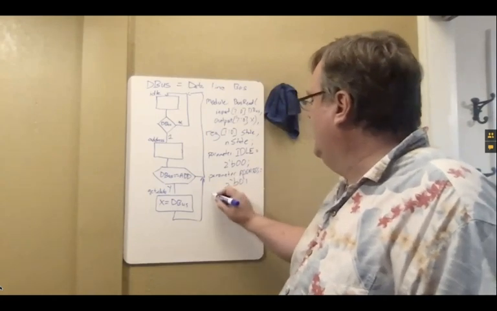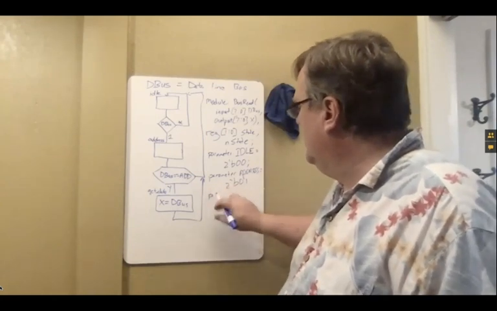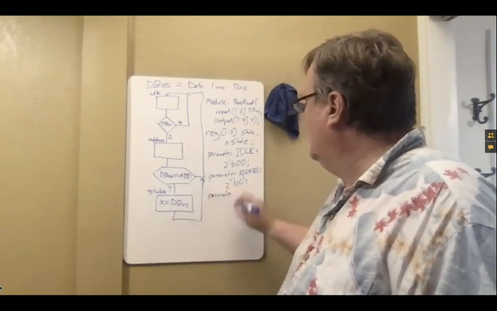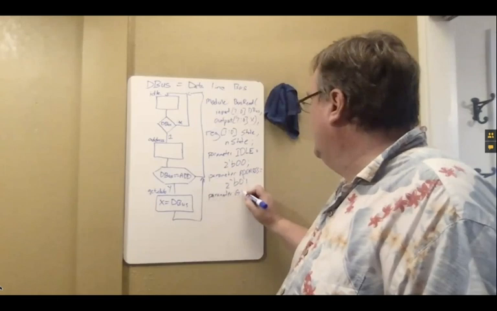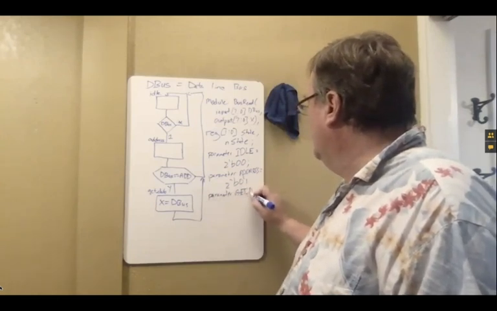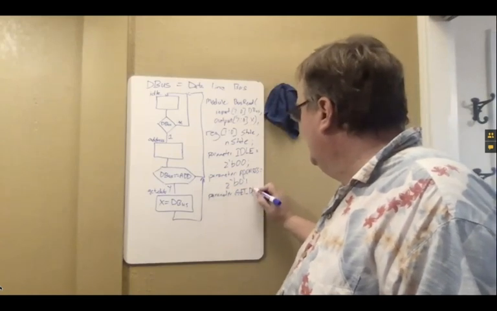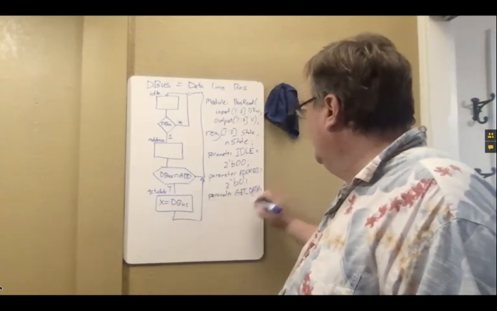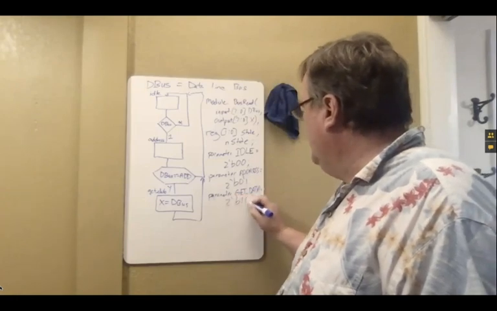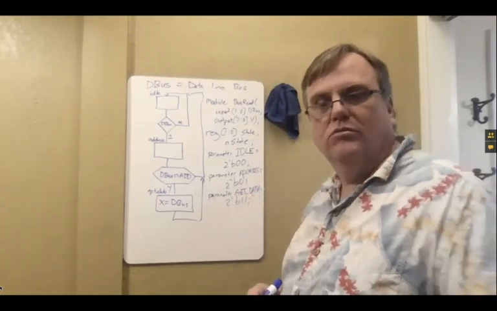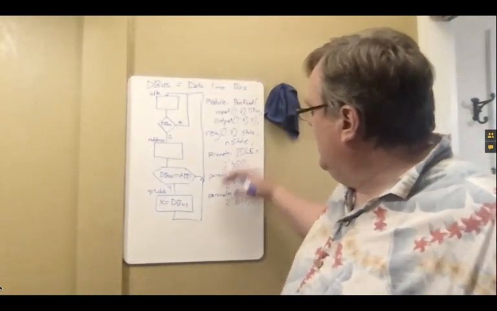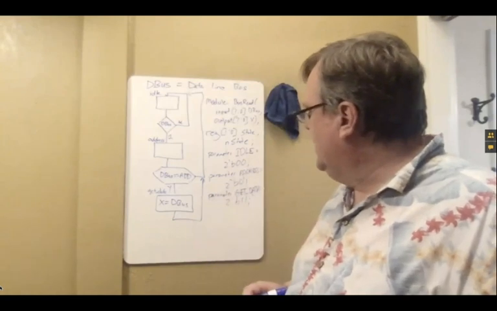And then I'll have a parameter GET_DATA, which will be 2 bits, binary 11. Follow the gray code standard. Okay? And this way I won't have anybody flipping in any kind of odd order.